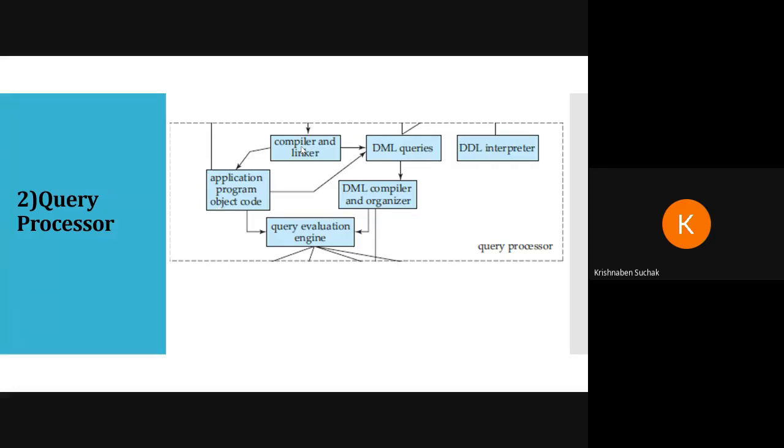So here, application program object code is given, compiler and linker, DML queries, and DDL interpreter. What will the application program object code do? They will check whether the application programmer has written the correct code or not. They are associated with the compiler and linker also.